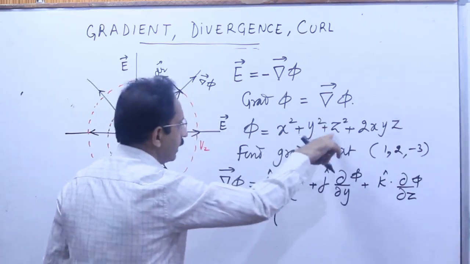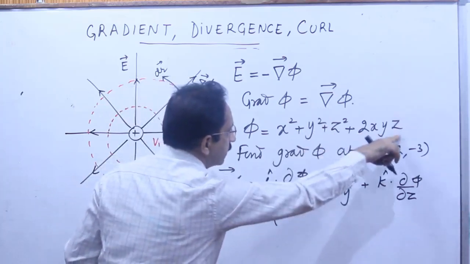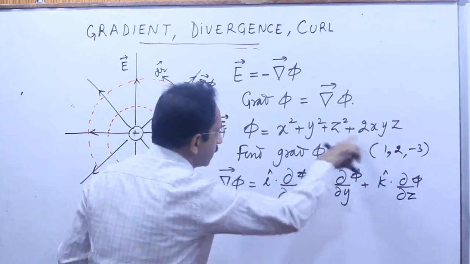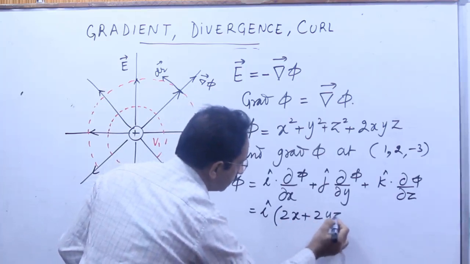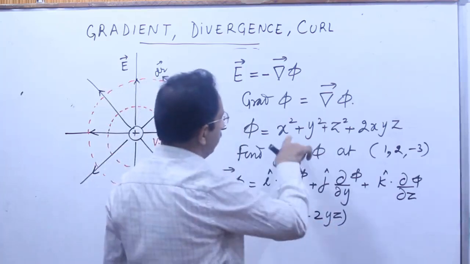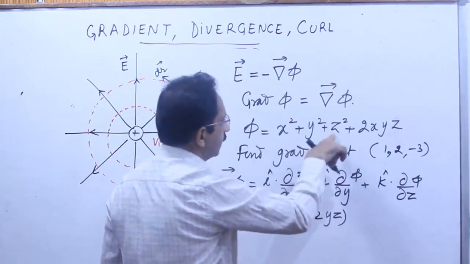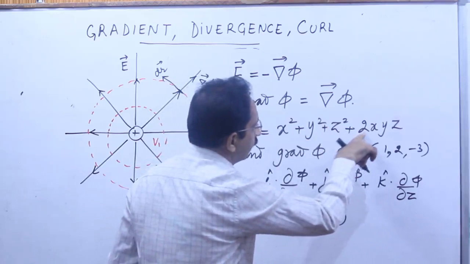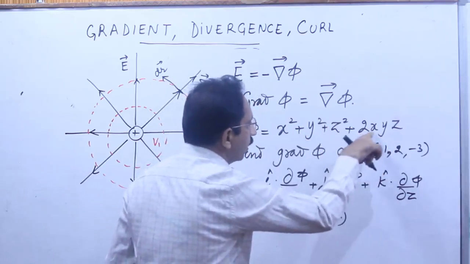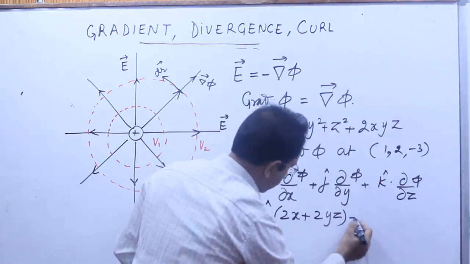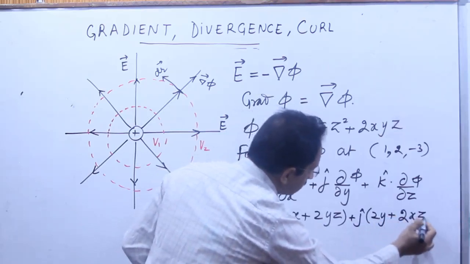इसका derivative 0 हो जाएगा, इसका derivative 0 हो जाएगा, इसका derivative होगा 2yz, because 2yz is constant and derivative of x with respect to x is 1, so it will be 2x. So this is 2x plus 2yz. Similarly, when I repeat the derivative with respect to y, this will be 2y, ये 0 हो जाएगा, ये 0 हो जाएगा, so here you will be left with derivative of y with respect to y is 1, or 2xz, so this will be plus j cap into 2y plus 2xz.